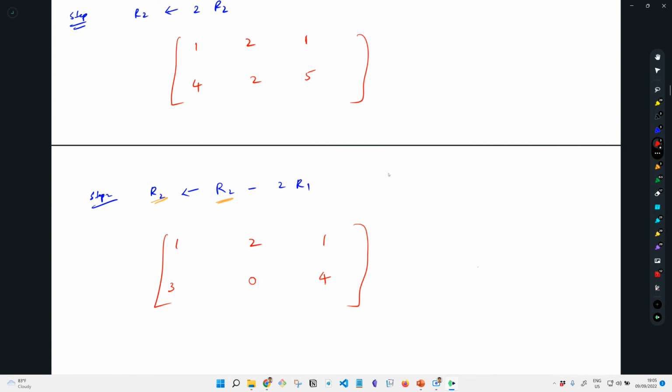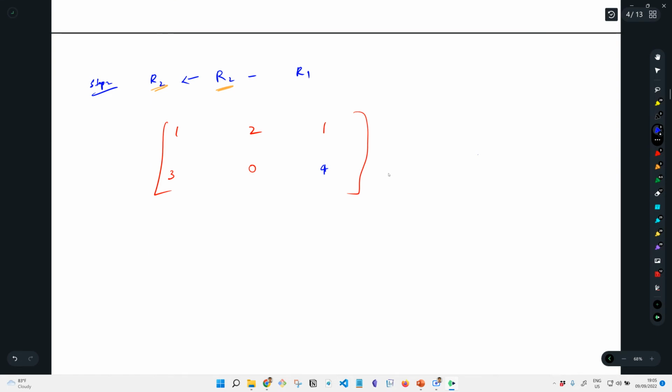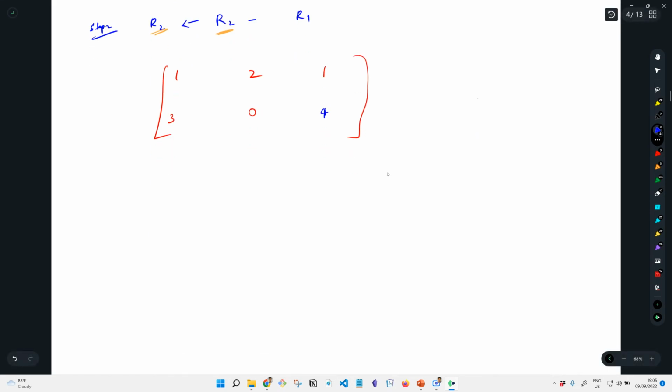Sorry, let's make it R2 minus R1 only. So 4 minus 1 will be 3, 2 minus 2 will be 0, and 5 minus 1 will be 4.